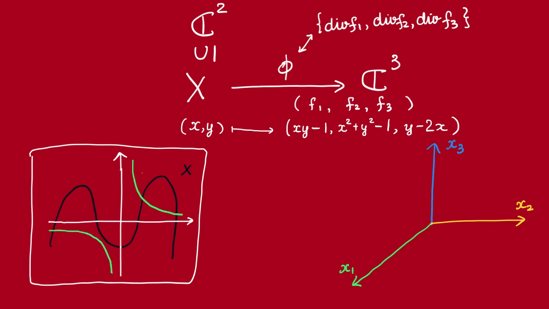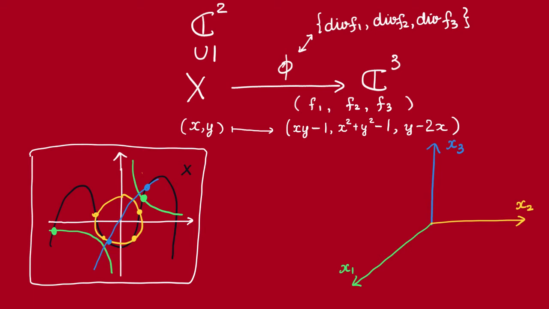But the divisor of F1 is a divisor on X, so it must consist of points on X, so that must be the intersection of this hyperbola with X. So these 2 points are the divisor of F1, so the zeros of F1, and then similarly now we can draw the zeros of F2. So this is div F2, and then finally div F3, right? Okay, so I have color coded them as a hint.